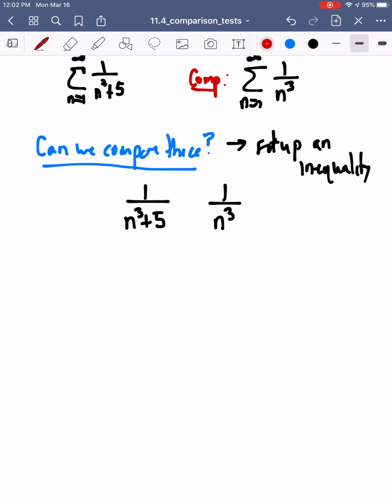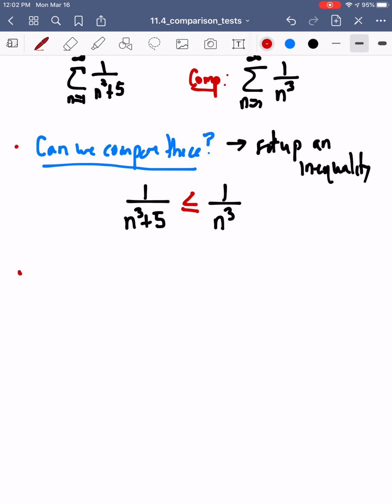So hopefully you recognize that, since the denominator on the left side fraction is larger, that overall fraction is smaller, since both fractions have the same numerator. So we can pretty easily see that in this case, the left-hand side is less than or equal to the right-hand side.